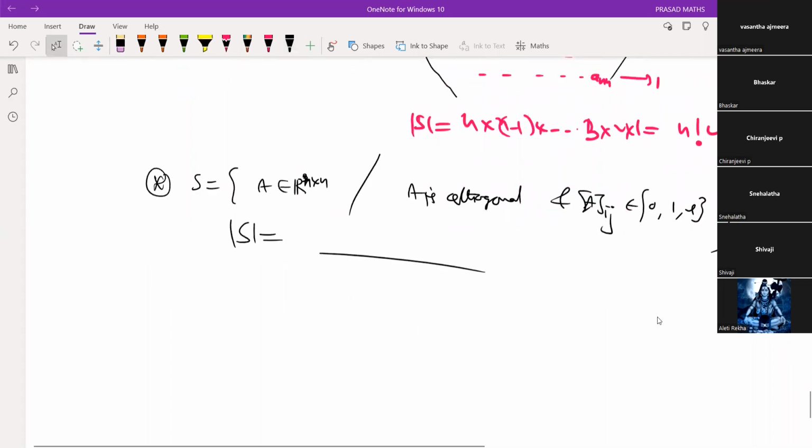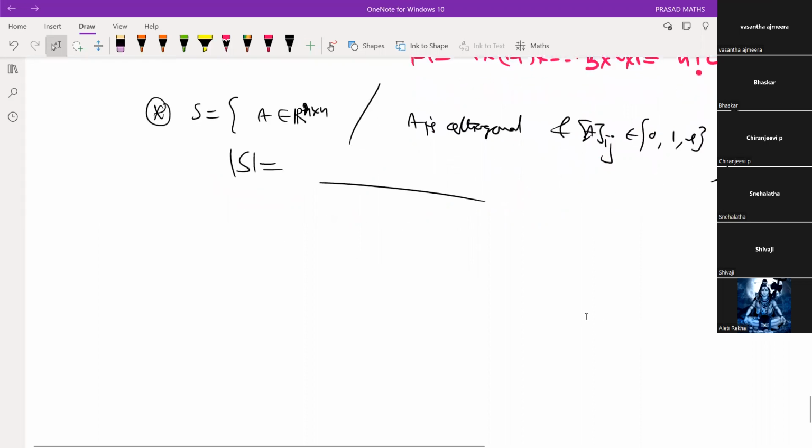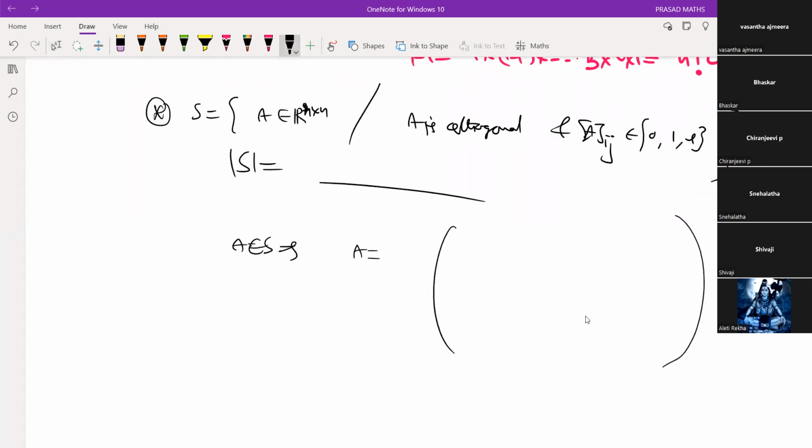Take any matrix that should be looking like this. This is the A11 entry, A21 entry, A12 entry, A13 entry. Now tell me, in how many ways can one entry be filled? 2 power n factorial, sir.